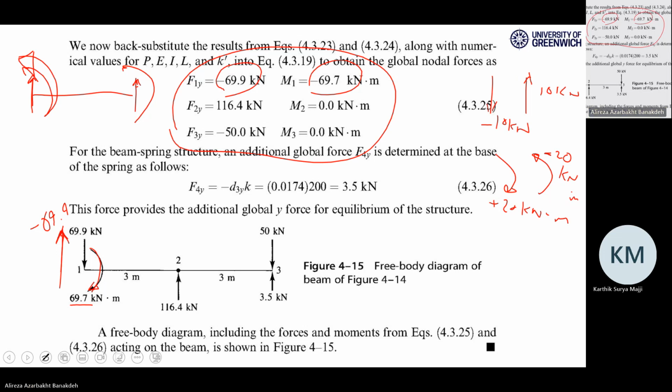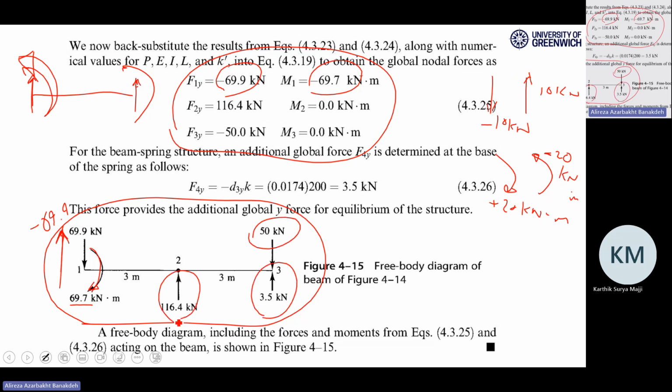Okay. So here, what you can do to check your calculations is, when you come up with this, this is called the free body diagram of your structure. You have all the forces on your structure, including the external forces. So this is the external force, and the others are reactions. For this free body diagram of your structure, the equilibrium equations should be satisfied, which means summation of forces along y should be 0.